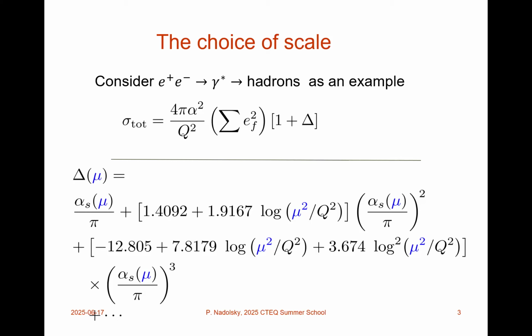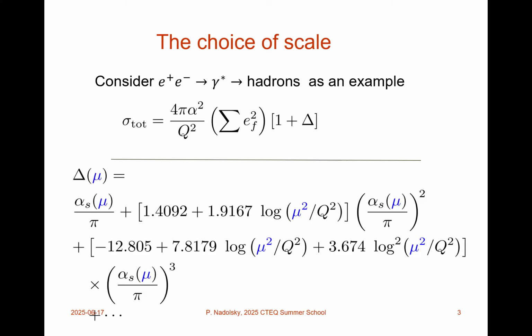Okay. One thing obviously is that you can just set mu squared equal to Q squared, and it will kill all the logs, right? But it doesn't do anything about the constant terms. The constant terms won't really care about the logs. That's one important message: if you look here, the first order term is 1, then you have 1.4092, then you have minus 12.805.